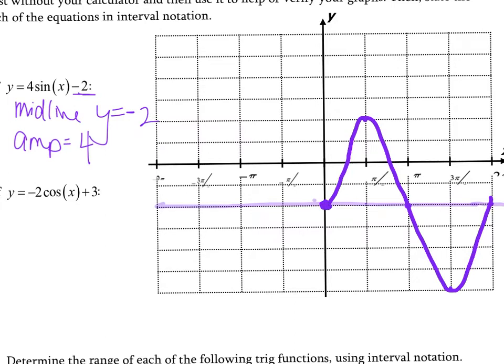If I'm at the center, I'm going to go down 4 below the midline. For negative pi, come back up to the midline. For negative 3 pi over 2, we're going to go up 4 from the midline, which should give you the same max. And then at negative 2 pi, you're coming back to the midline. And you're going to try and connect that with a nice smooth curve. And there we go.